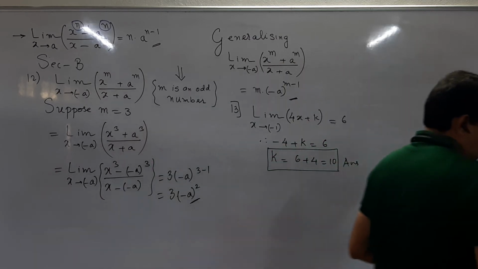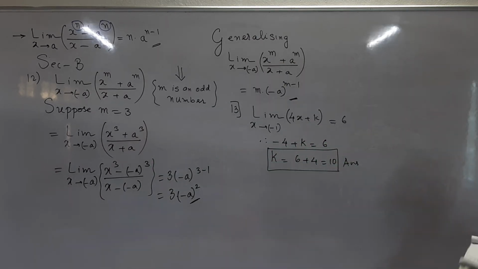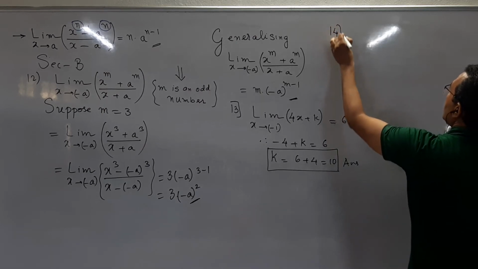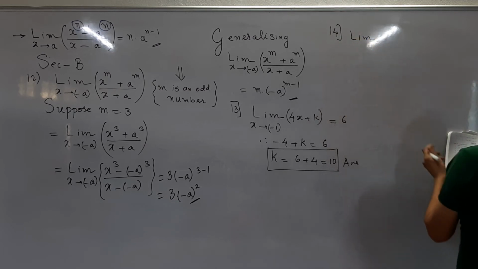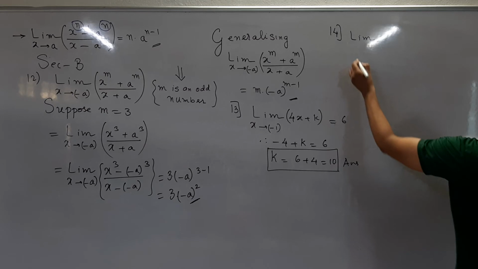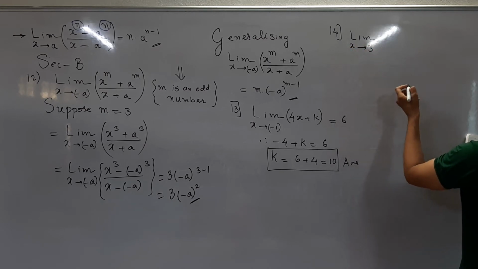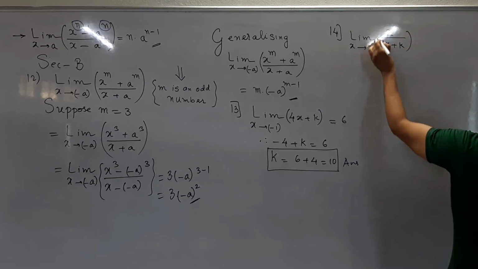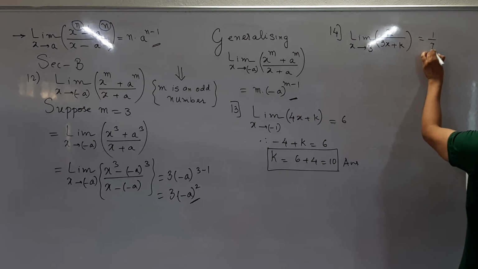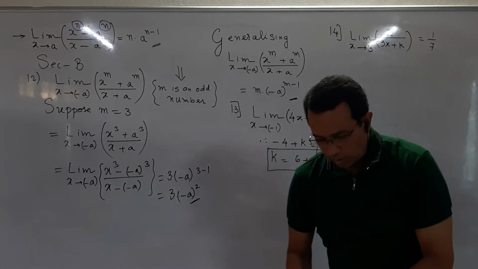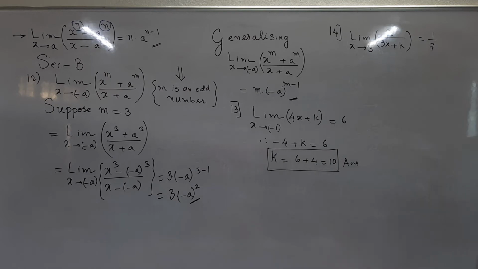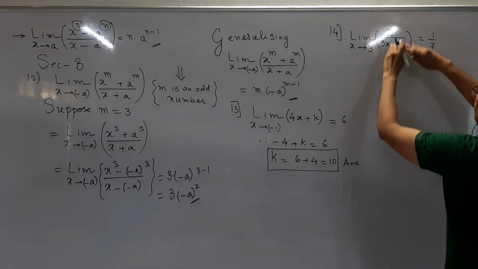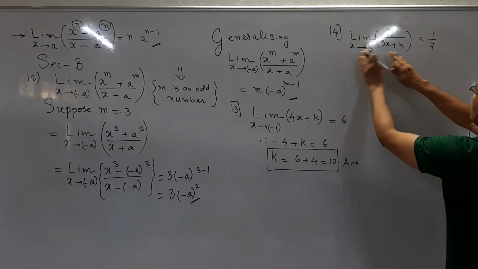answer as 6. Now the last VSQ, students, VSQ 14. The question is like this. Limit x tends to 3, 2 divided by 3x plus k is equal to 1 by 7. Then students, here also we have to find the value of k. Now apply the division working rule: limit of f upon g is equal to limit of f upon limit of g.